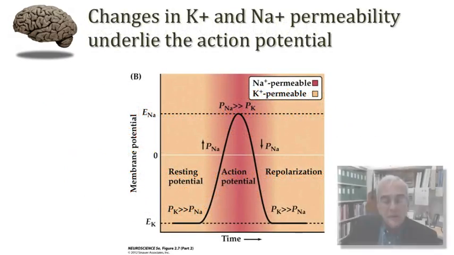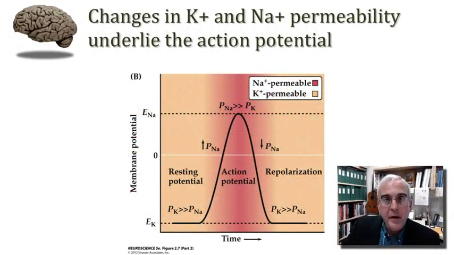Well, to begin, let's again reiterate some of our foundational principles. That is that changes in potassium and sodium permeability underlie the action potential. So we've seen this figure a few times before.